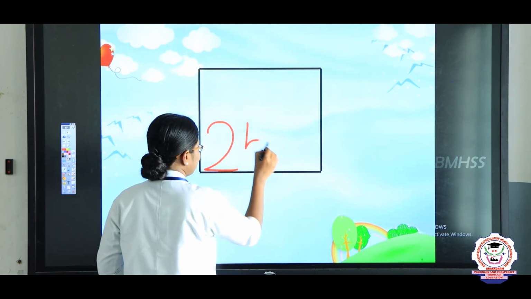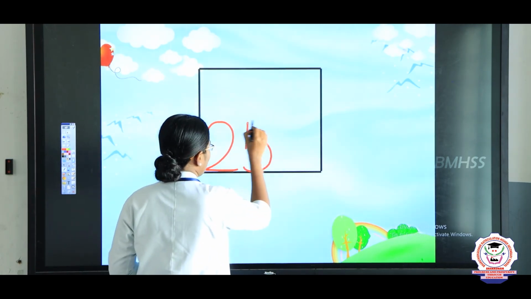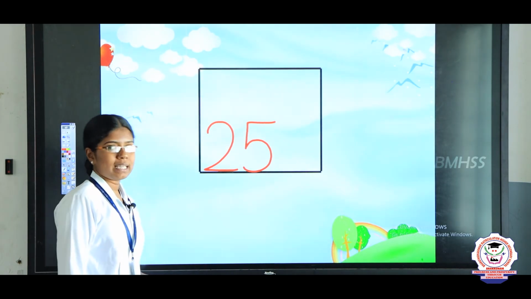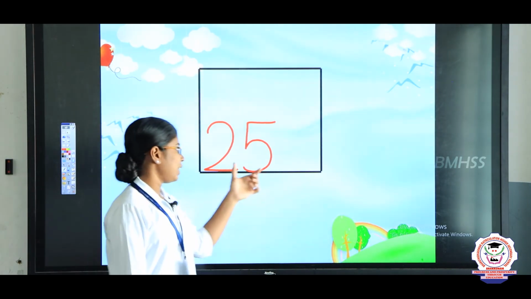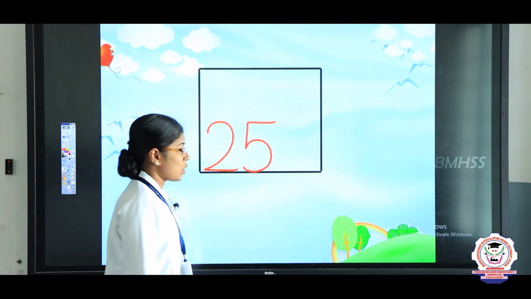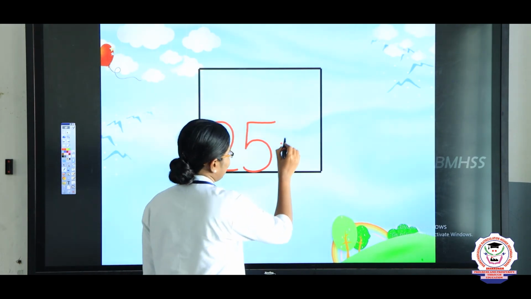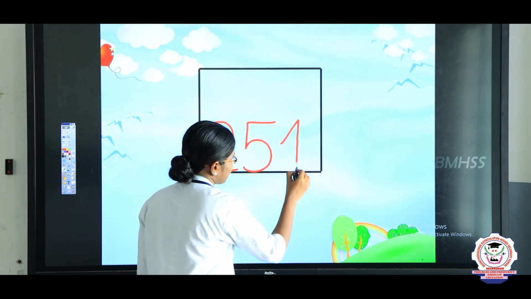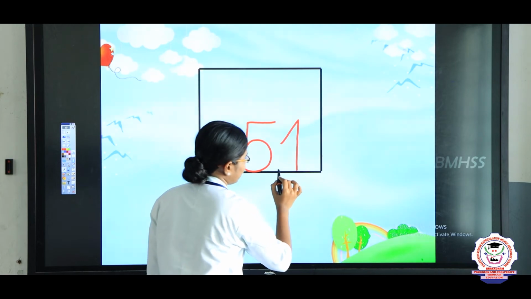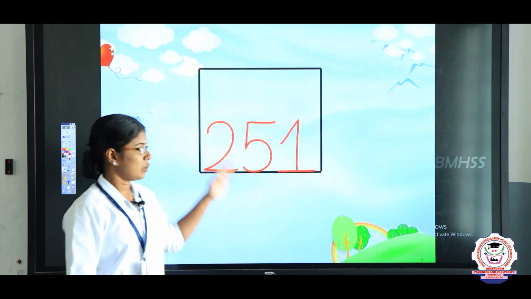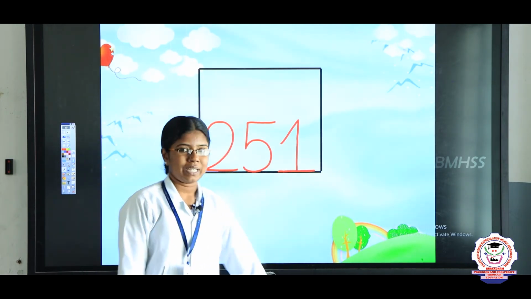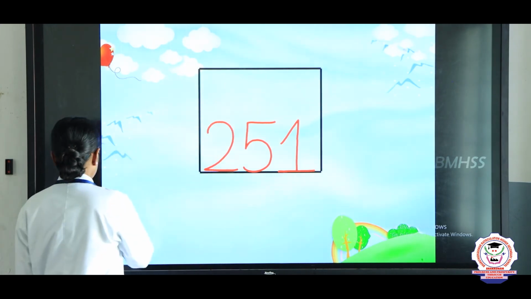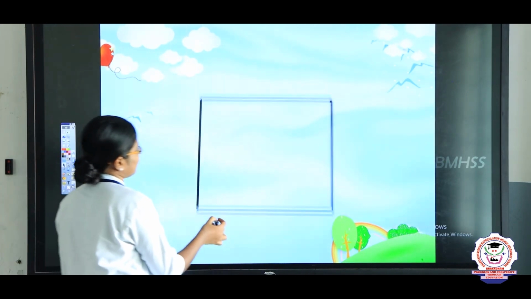Standing line, left open curve. On top of the standing line, you have to draw a sleeping line, right? So that only we can get the number 5. So, how to write 1? You already knew that, right? Slanting, standing, and then sleeping. So, 251. Good.